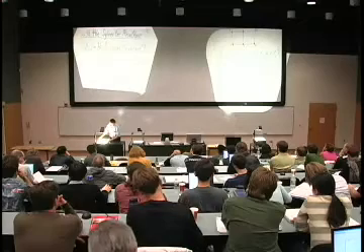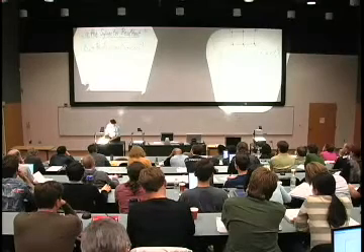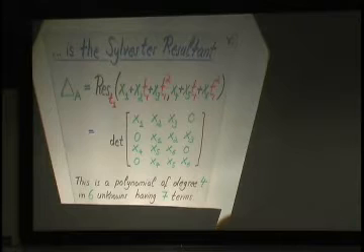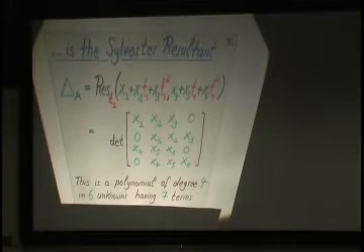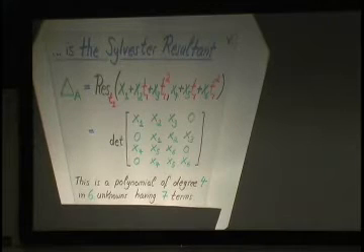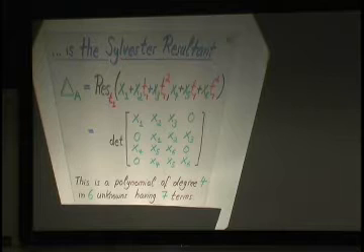And the answer is the Sylvester resultant. So the discriminant in this case is a certain polynomial homogeneous of degree 4 in x1, x2, x3, x4, x5, x6.